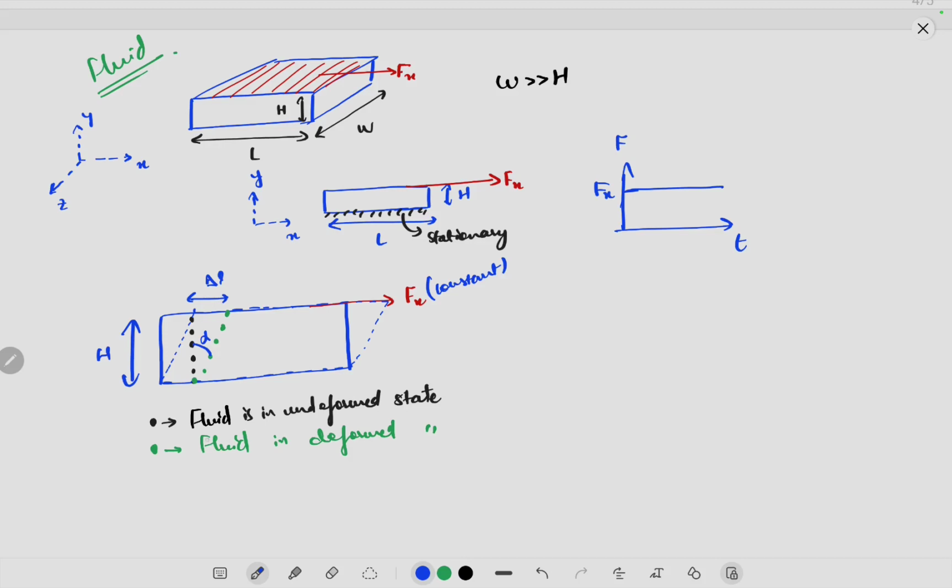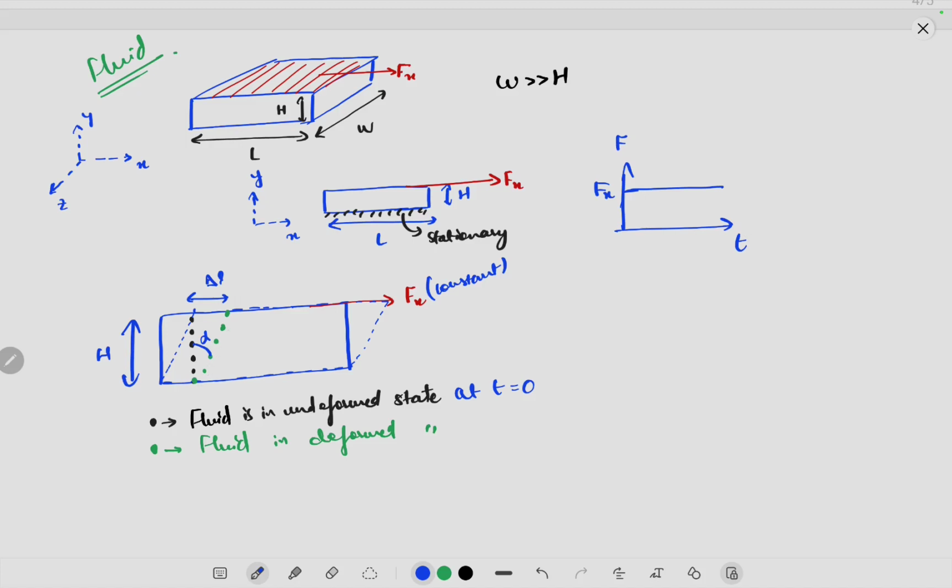Now what happens in case of the fluid? I have just replaced the word solid with fluid here. Again, the red black dots tell me that these are the points on the fluid element at time t equal to 0 in the undeformed state, and then at time t plus delta t, a force Fx is applied, and the green points tell me how these points change when a force Fx is applied for time t.